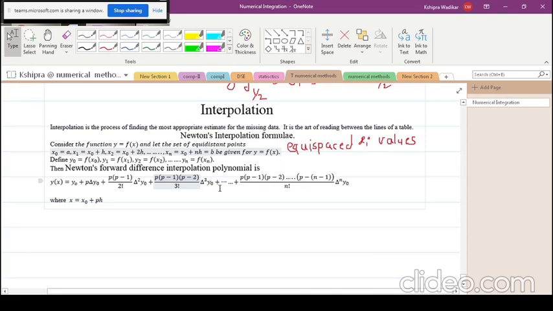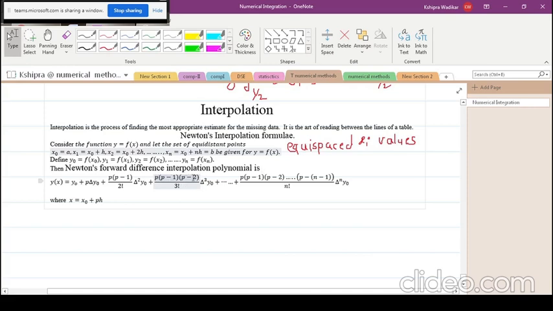The Newton's forward difference interpolation polynomial is y at x equal to y0 plus p into delta y0 plus p into p minus 1 by 2 factorial delta square y0, and so on. How will you write down the last term? For delta square y0, you have the terms p into p minus 1 in the numerator. For delta cube, you are considering the terms p, p minus 1, p minus 2.